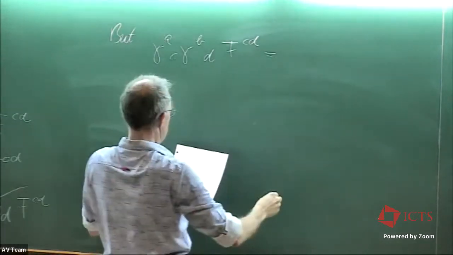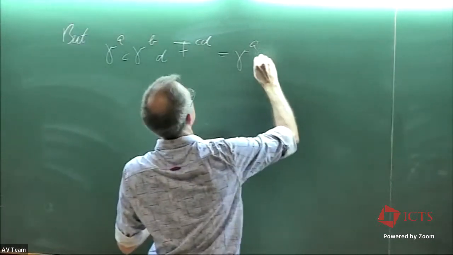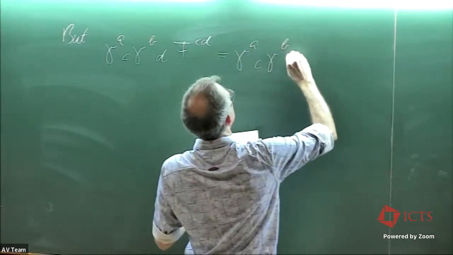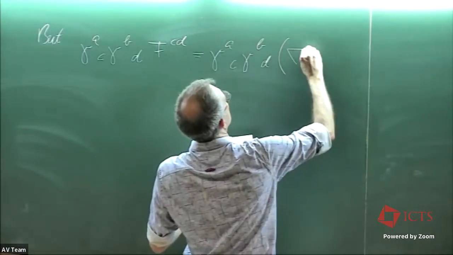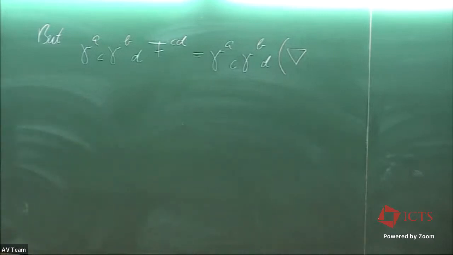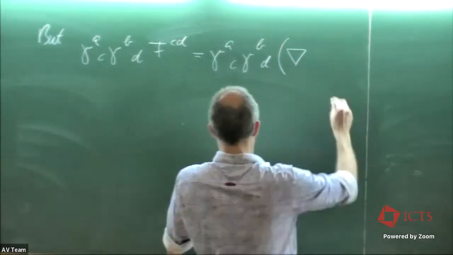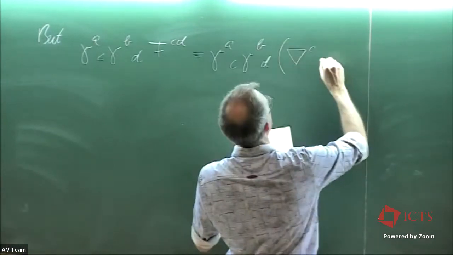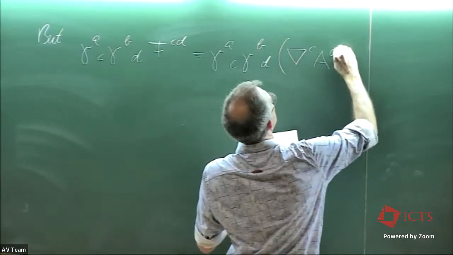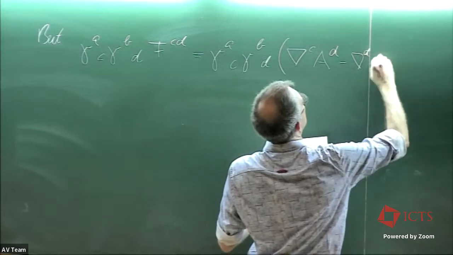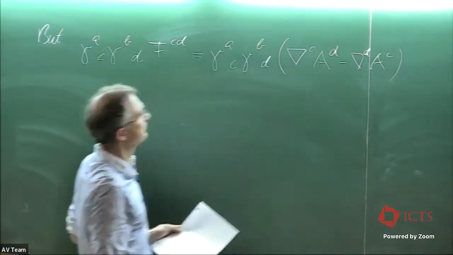That is the same as gamma_A^C gamma_B^D times, and yesterday we wrote the Faraday tensor as the outer derivative of A. So let me insert this here: nabla_C A_D minus nabla_D A_C.